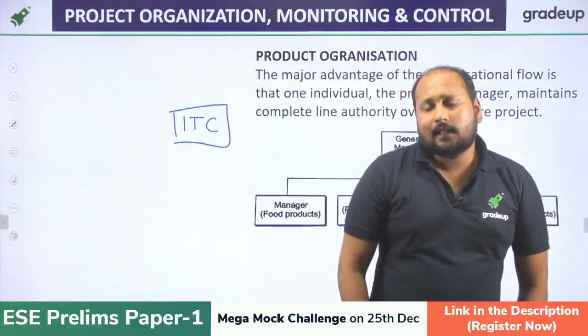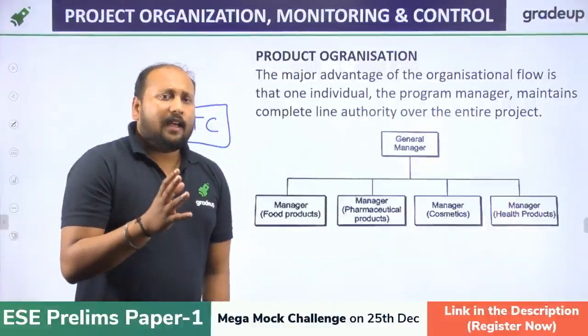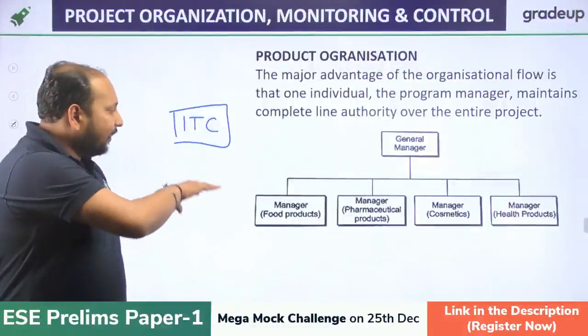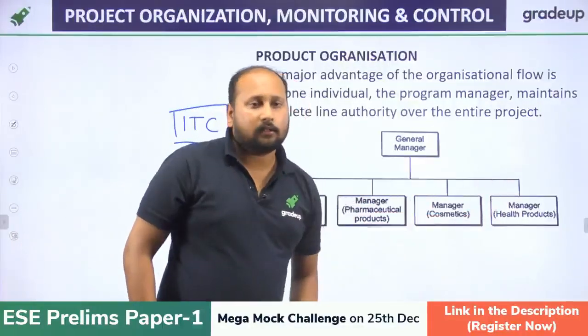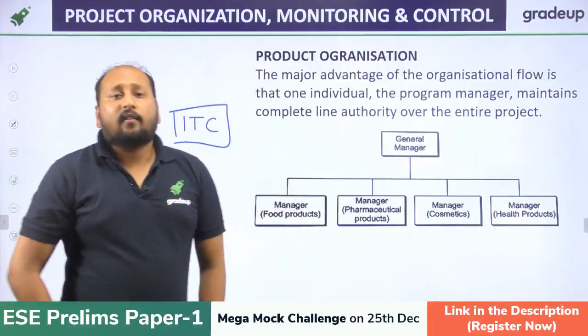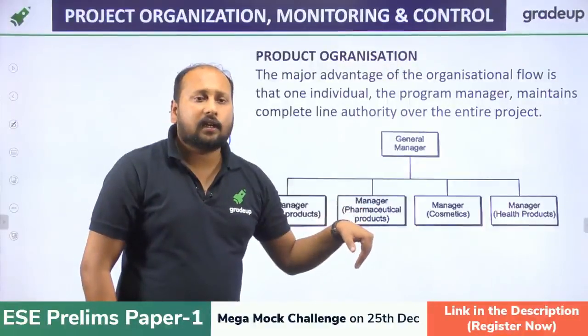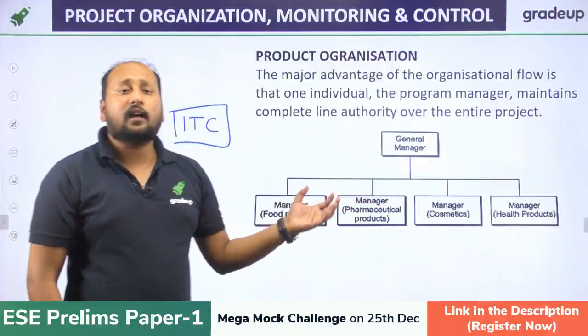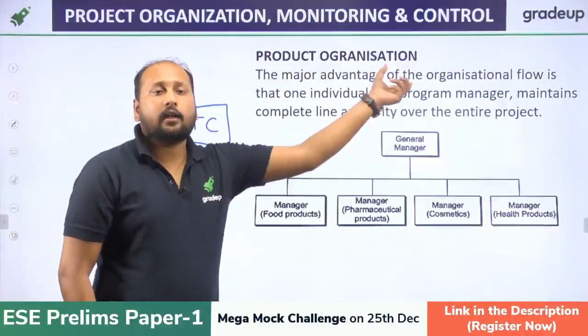ITC has multiple products: in the food section, we have pharmaceuticals, cosmetics and health products. So this differentiation of structuring on the basis of the final product is known as product organization.